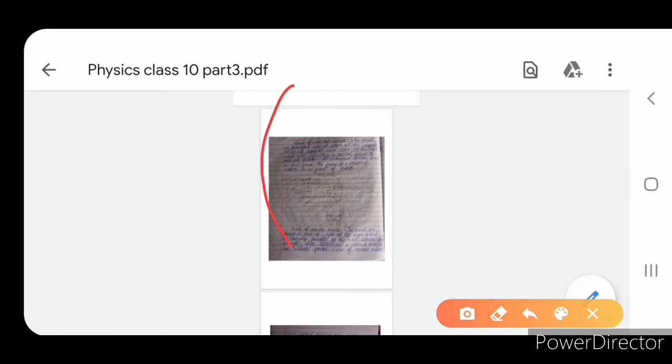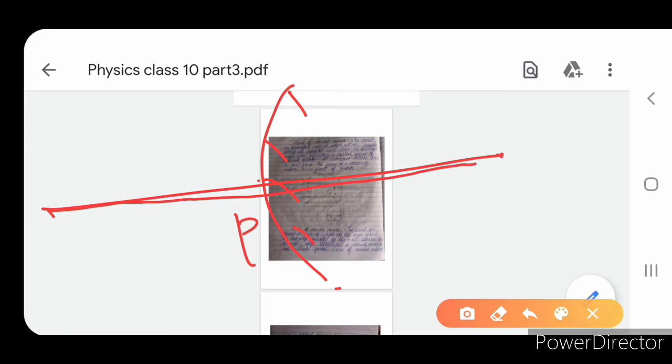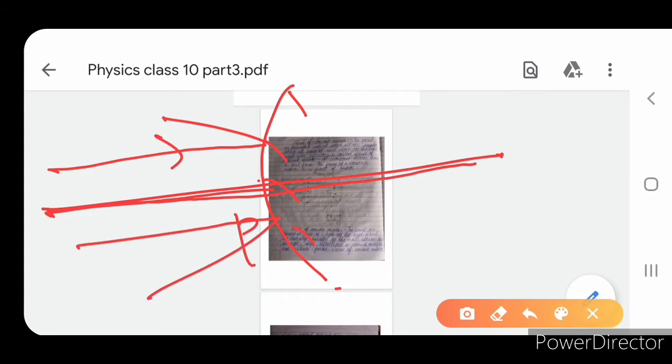Now the focus of a convex mirror. Look here, this is a convex mirror, the reflecting surface bent outward, with principal axis and pole P. The point on the principal axis at which all rays coming parallel to the principal axis appear to meet, not actually meet, is called the focus of the convex mirror.